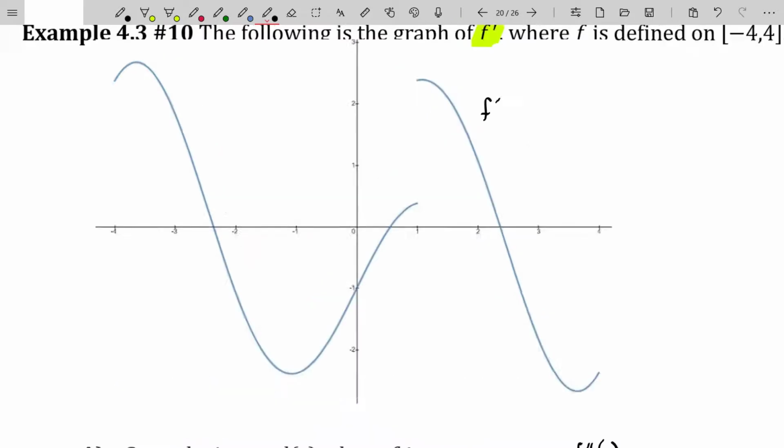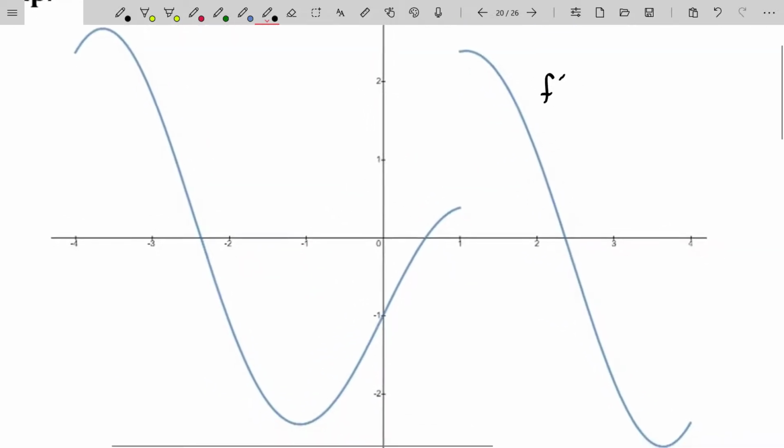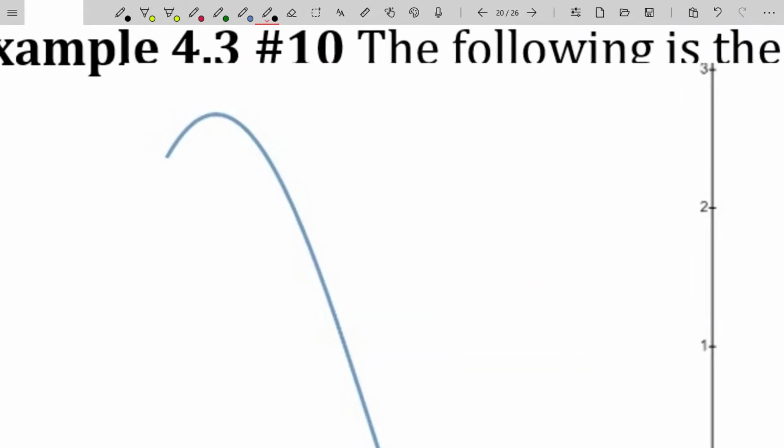So if we're looking at the first derivative here, we're asking when is the second derivative, or the derivative of this function in blue, positive? Well, it's positive when it's increasing. So I know that, for example, over this part of the curve, the second derivative, which is a derivative of the first derivative that you're looking at, is positive.